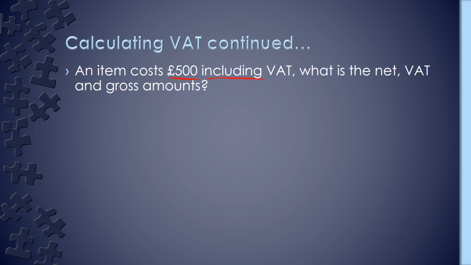So straight away, we know that our 500 has to be equal to our gross amount. Don't forget, our gross has to equal the largest. Again, we're going to just assume that our VAT rate is 20%.